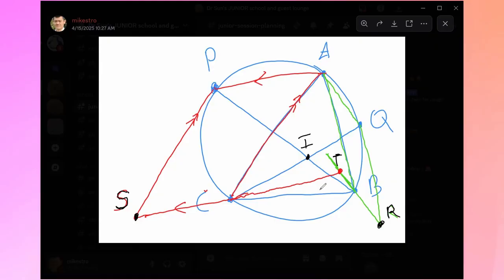So as far as we're concerned, ways to show things are concyclic is, if something lies in a circle, then we have this thing called the bow tie, which says these two angles are equal. And conversely, if you have just the bow tie, it also shows it lies on a circle. So if the angles are equal, it lies on a circle.